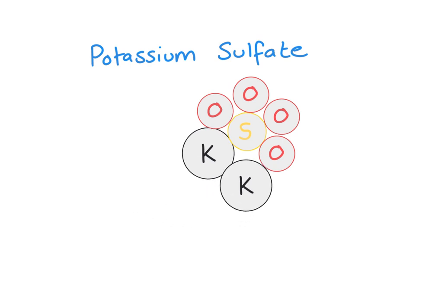Now that doesn't actually accurately represent what it looks like, but what we're interested in is how we write the formula of that compound. We're going to start with the metal, which is potassium, so capital K. There are two of them, so K2. Then sulfur, and there's one sulfur. And then there are 4 oxygens in that compound. So the final formula that we end up with is K2SO4.